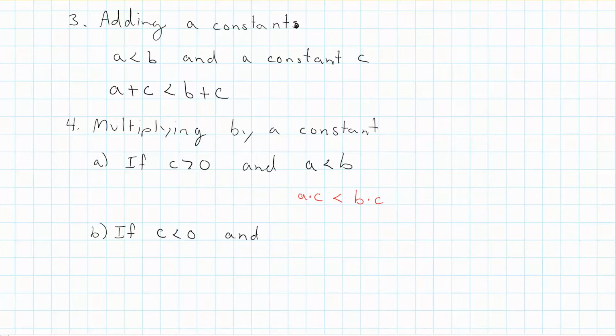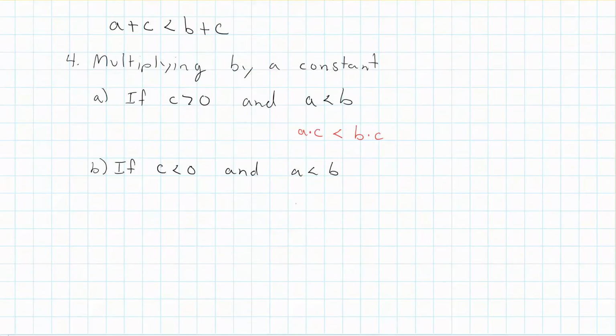And we still have the same inequality, A less than B. Now the difference here is we still can multiply both sides by it, so I'd have A times C and then B times C. And some of you might already know this. What happens to the inequality sign is it actually changes directions.